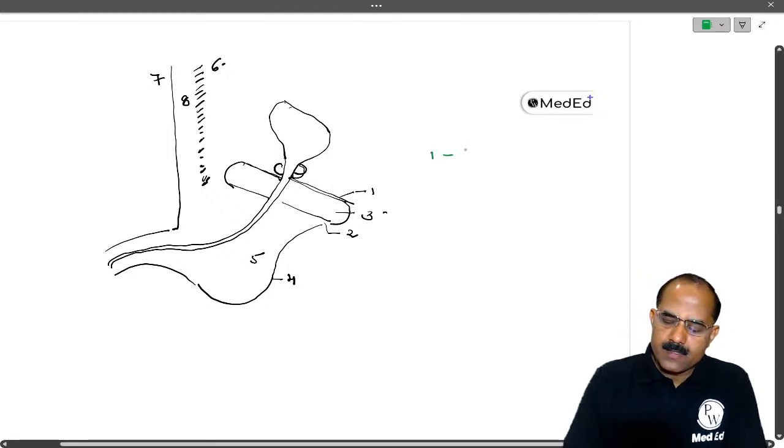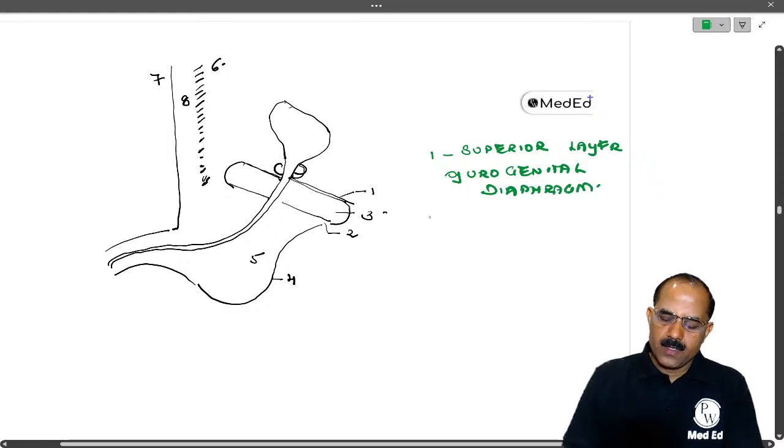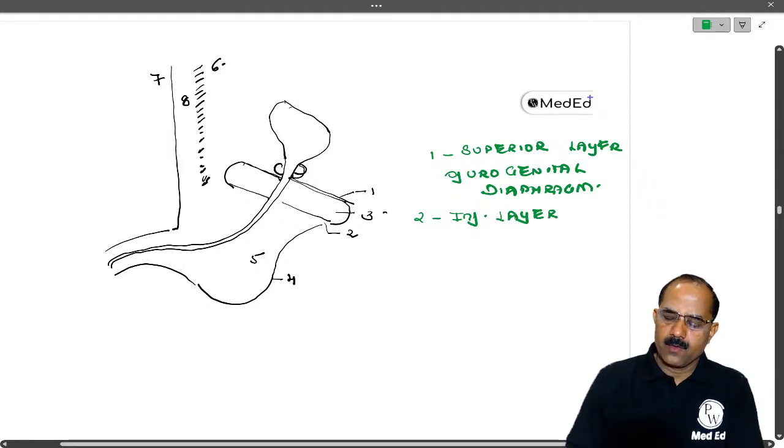Number 1 is the superior layer of urogenital diaphragm. Number 2 is the inferior layer of urogenital diaphragm.